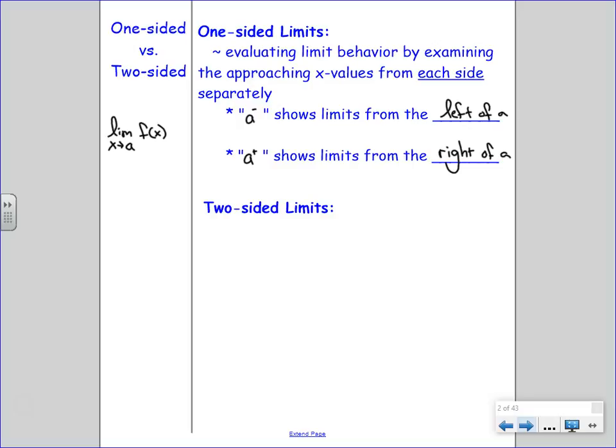What does it take for a two-sided limit, which is basically every limit without special symbols, to exist? Both sides have to agree: approaching from the left, approaching from the right.